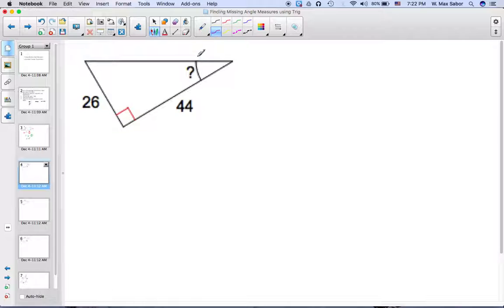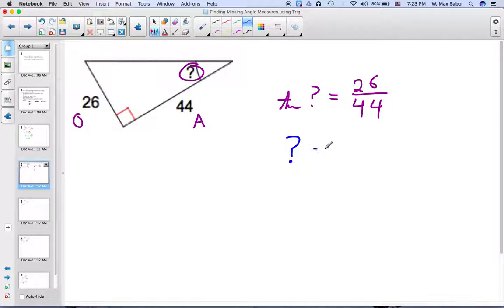Here's our reference angle, our opposite and our adjacent sides. Opposite and adjacent are related with tangent of question mark equals 26 over 44. So the opposite of tangent is inverse tangent. When we apply that to both sides, we get question mark equals arctangent of 26 over 44.